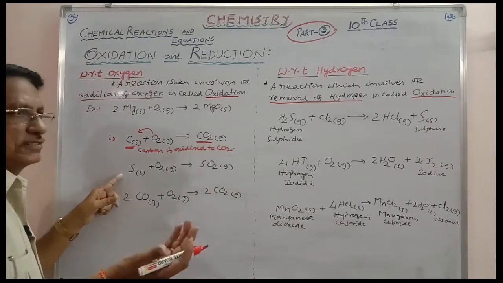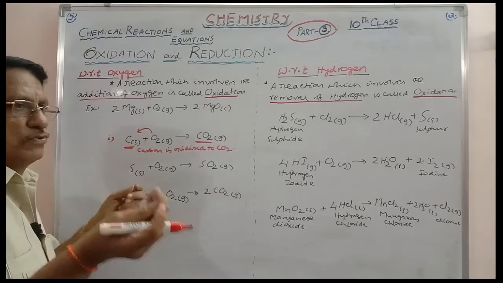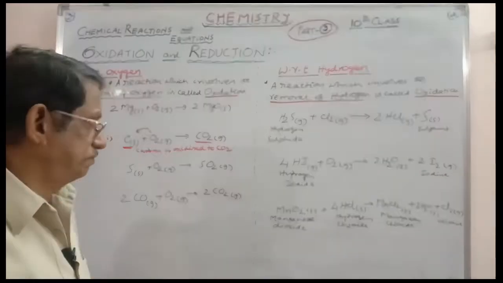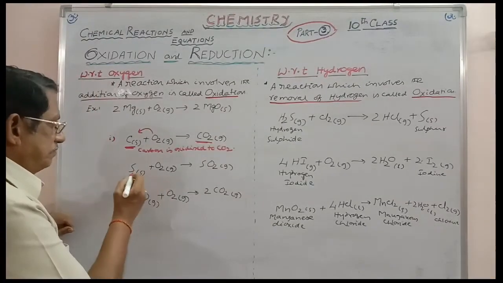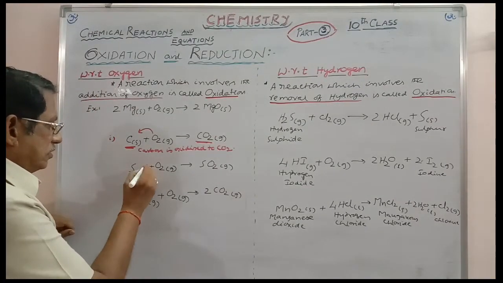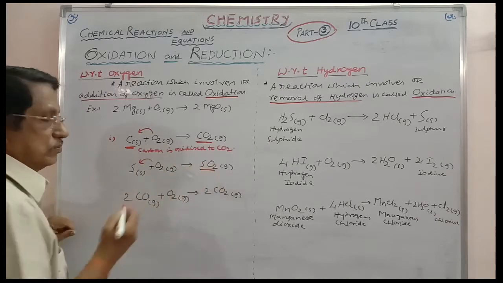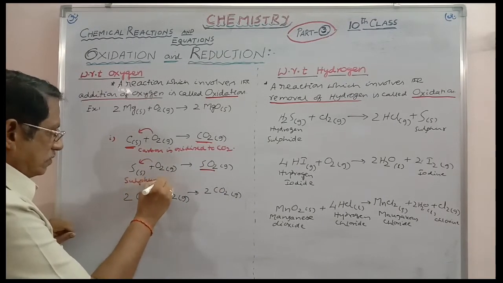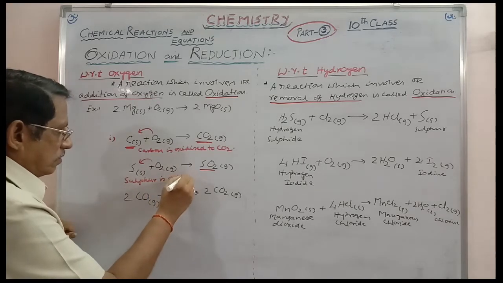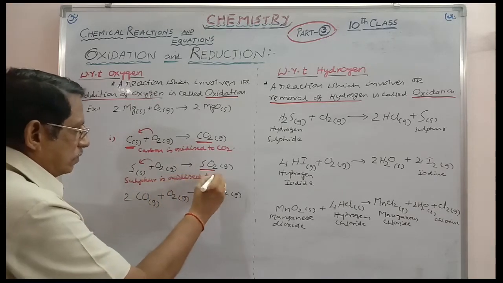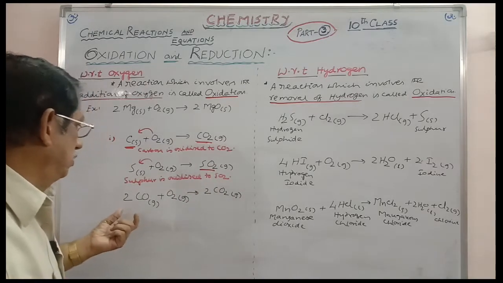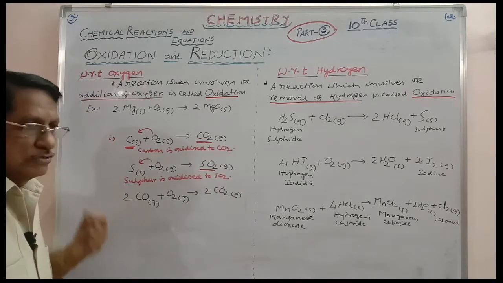Similarly, sulfur is burnt in air. It burns with blue flame and finally converted into sulfur dioxide gas with suffocating odor. So sulfur is taking oxygen and converted into SO2. Here sulfur is oxidized to SO2, right? Similarly, one more example, carbon monoxide.